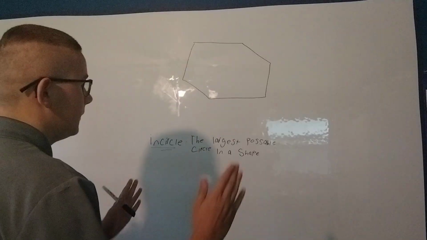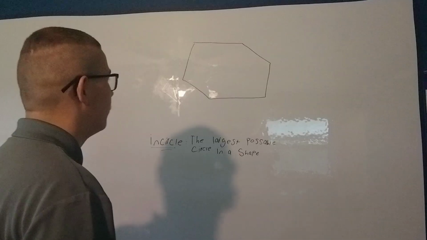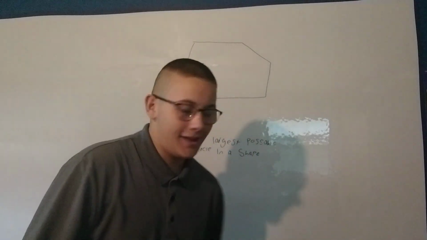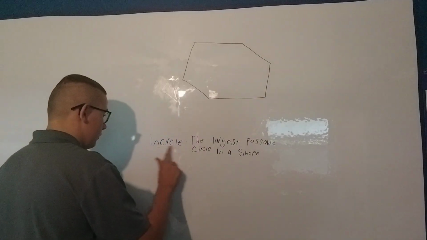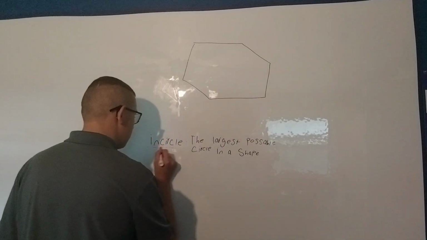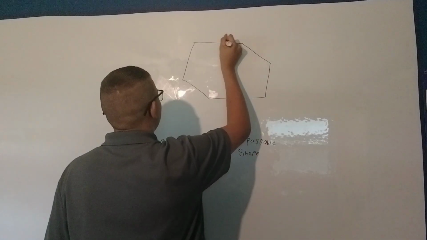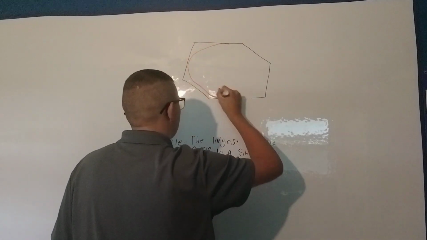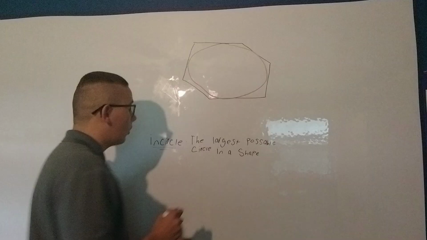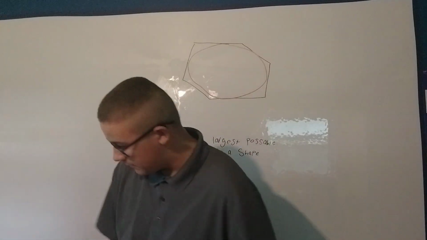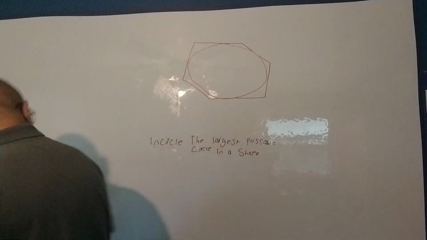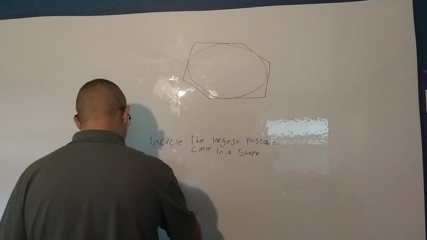That's like a parallelogram form of a hexagon. Well, if I underline this in red, then this would be the incircle, the largest possible circle inside, like that. Then we have the circumcircle.